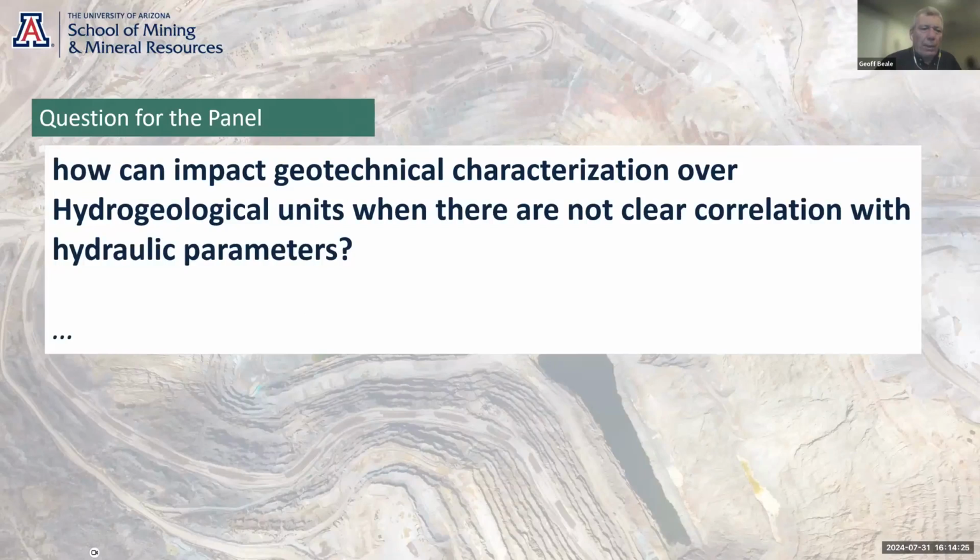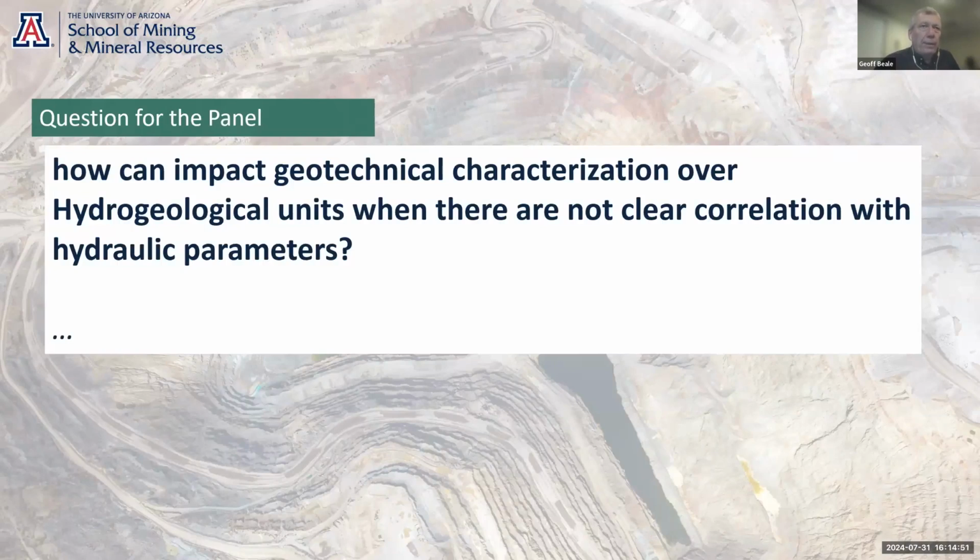So I guess if there's no clear correlation between the geotech model and the hydraulic parameters, that's often okay. The correlation between the two in most rock masses is a result of fracture and joint frequency and fracture and joint orientation, as we've just said.